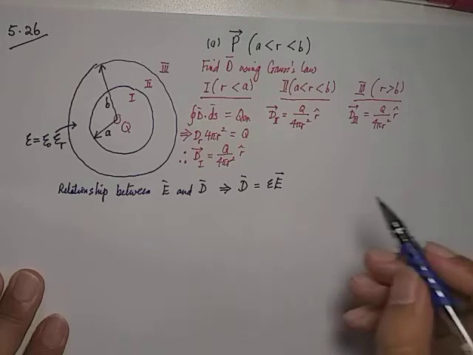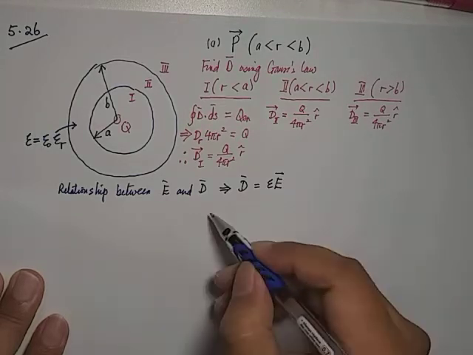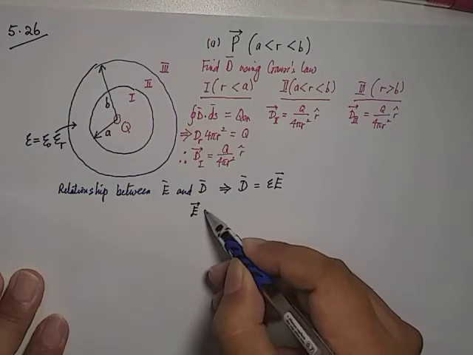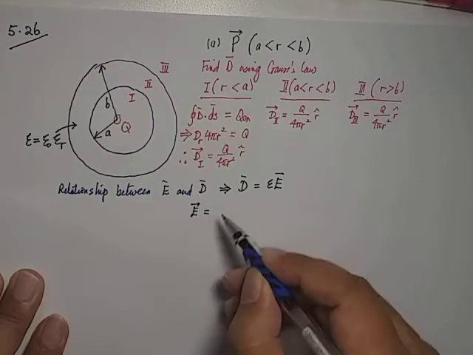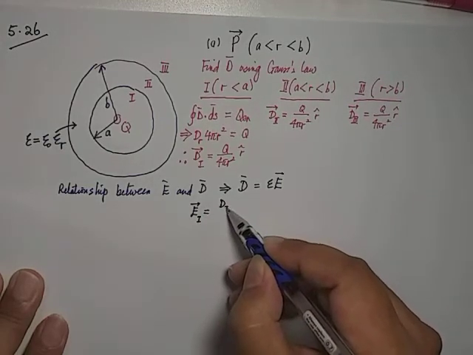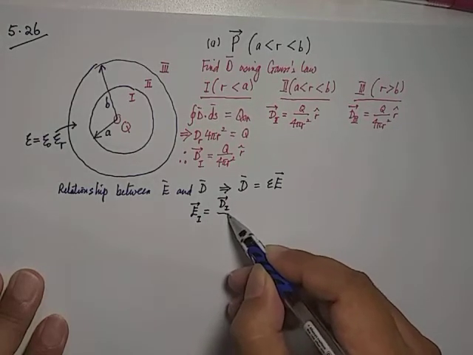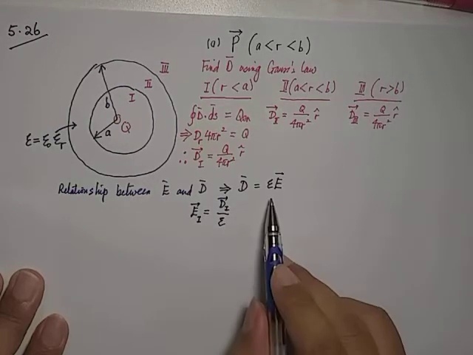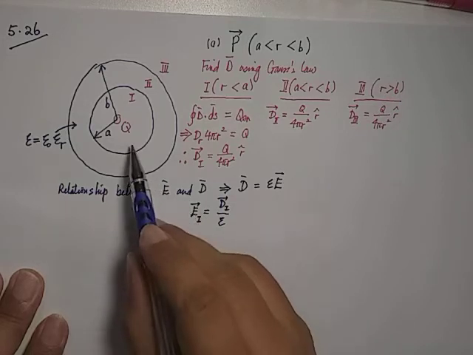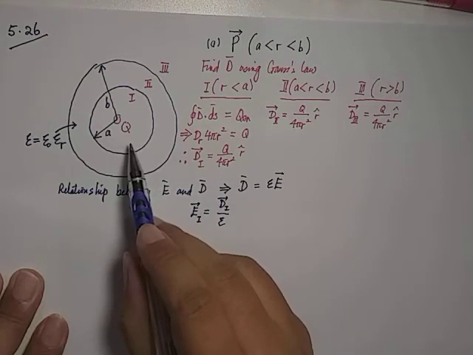Okay, therefore for region number 1, E1 should be D1 divided by the epsilon of the medium. Okay, because E equals D divided by epsilon, but what is the medium concerned in region number 1?